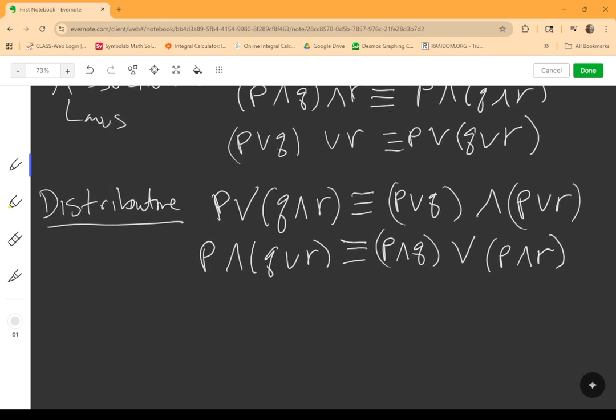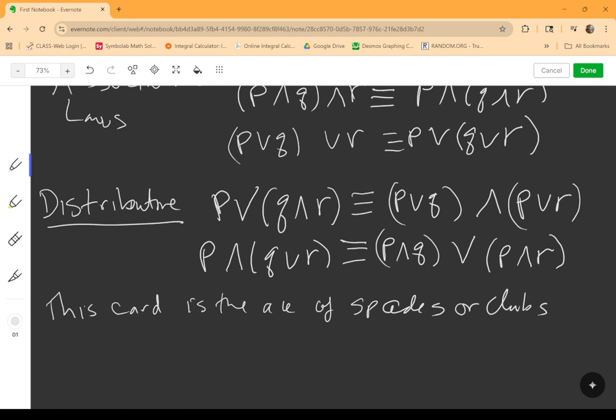Again, a language example: we could say this card is the ace of spades or clubs.